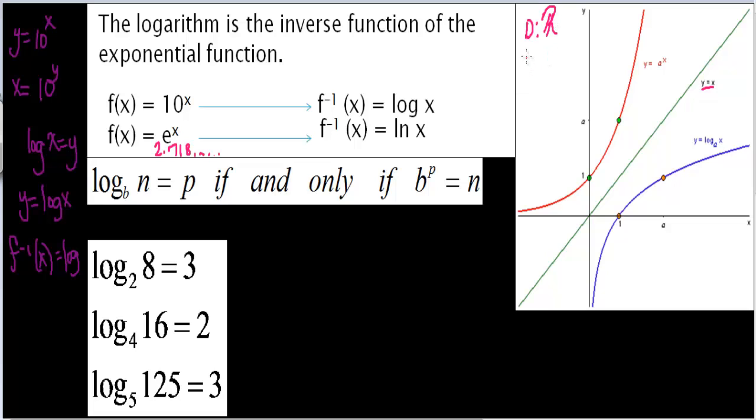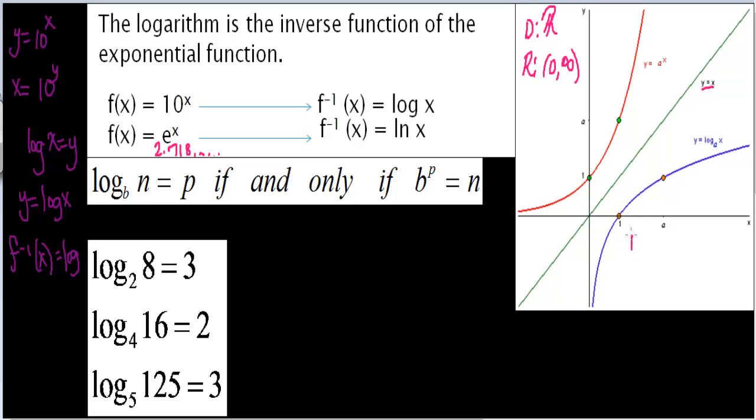And the range for my exponential function is from 0 and it doesn't include 0. We know that this graph never touches that horizontal asymptote, and it's from 0 all the way to positive infinity. When we talk about the domain of the log function, since this is the inverse function, the domain and the range of the exponential function switch in the log function.